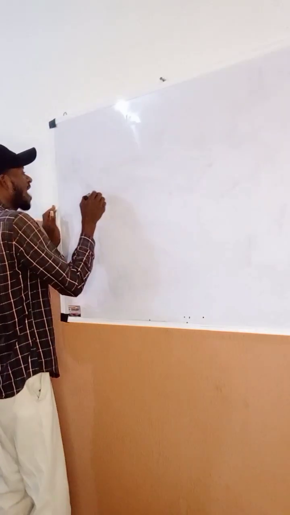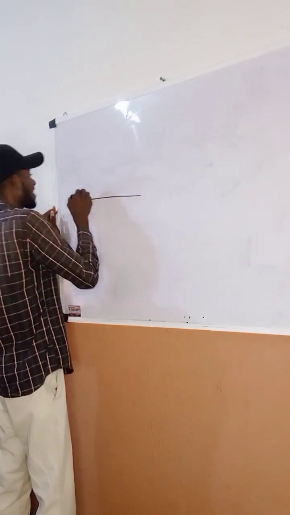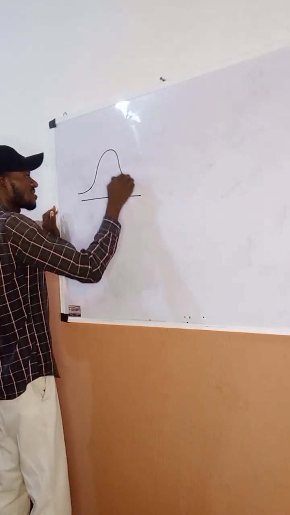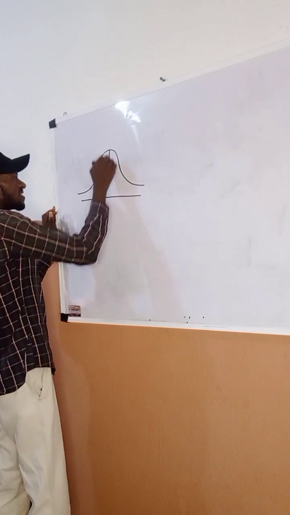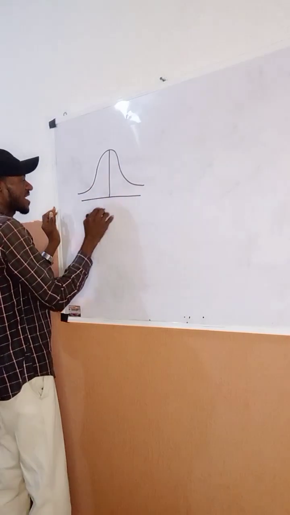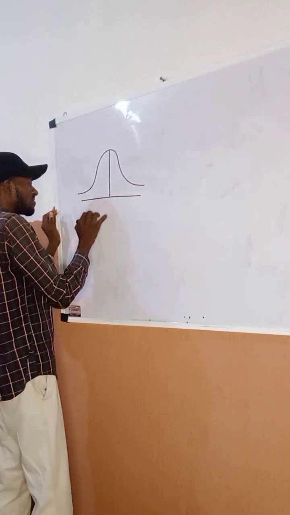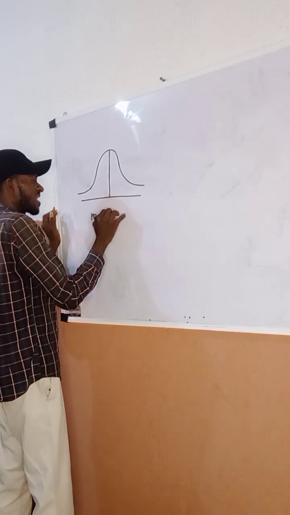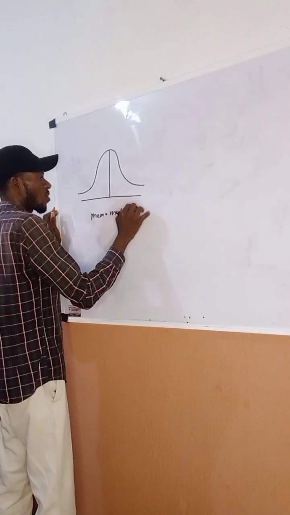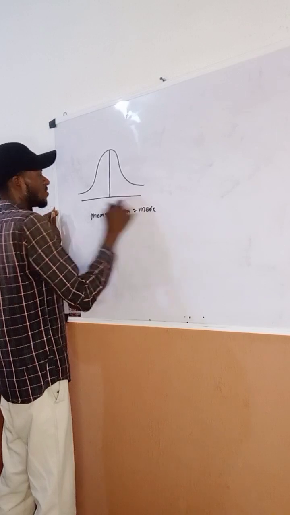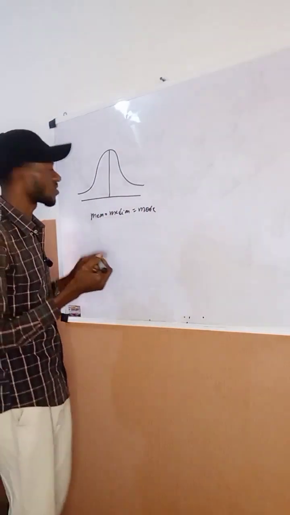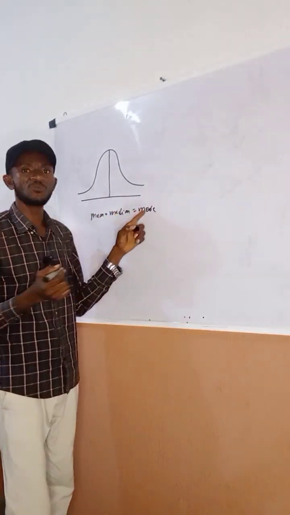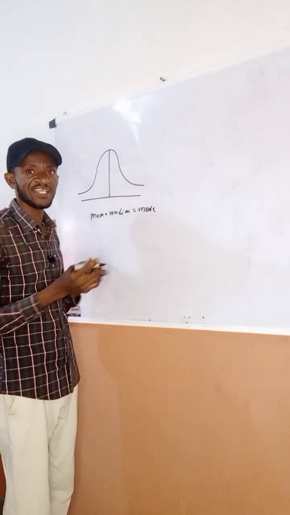In that case, you are going to have something like this, something that goes this way. You are going to have a center here, and this center is where mean equals median equals mode. So when in the center of this observation mean equals median equals mode, you now say it is symmetrical.